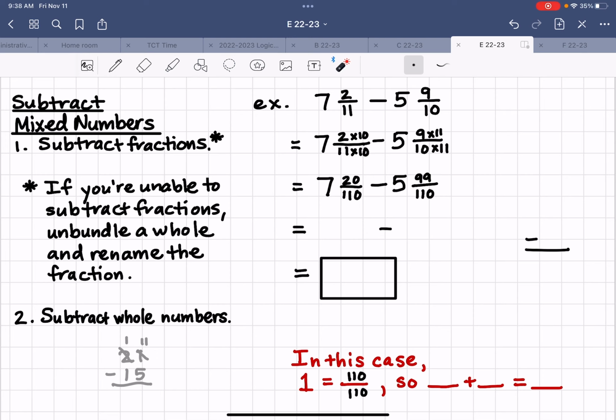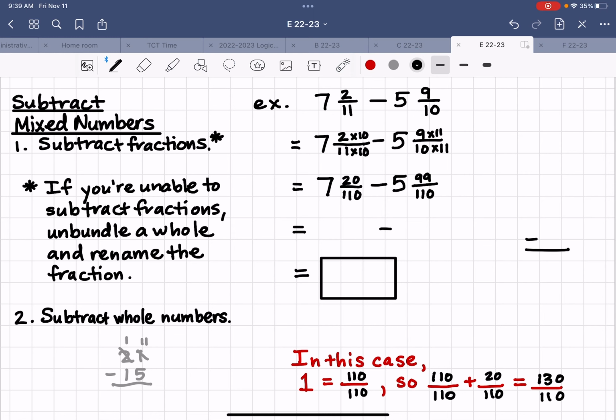So when I unbundle one of these wholes, it's going to be 110/110ths. And what is it being added to? 20/110ths. Okay, now 110/110ths plus 20/110ths is 130/110ths.